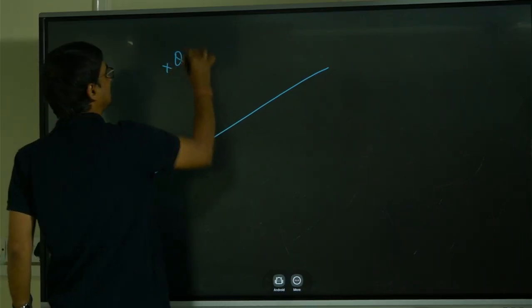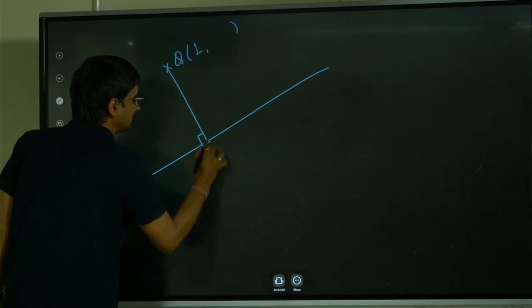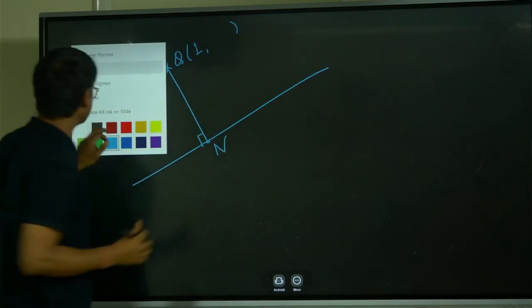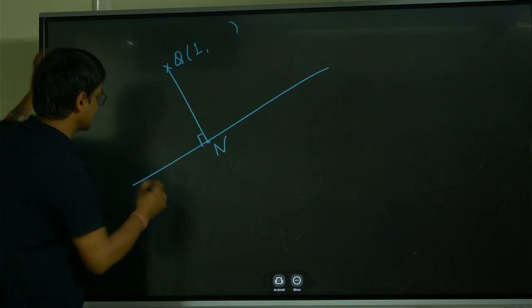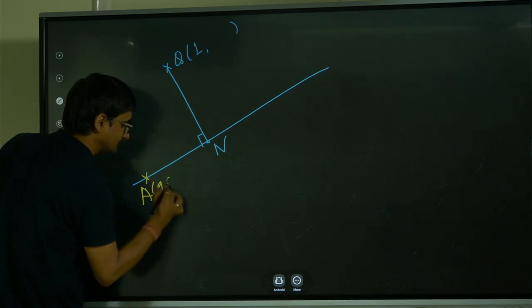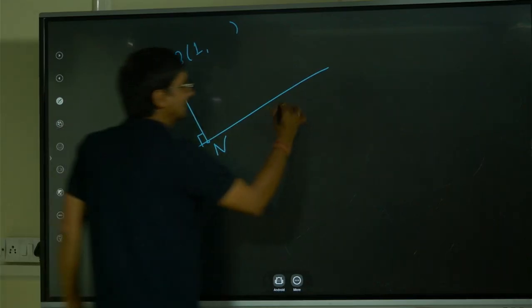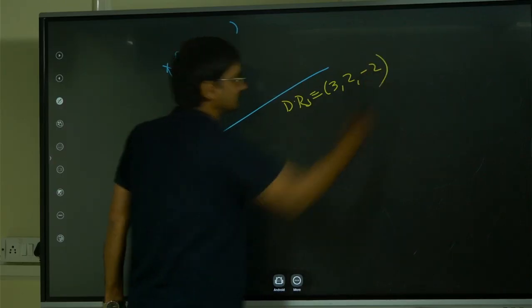Now the distance of any point, let's say Q is whatever, 1 comma anything. Now its distance, of course nothing is said, it has to be the perpendicular distance. Now see what I will suggest again: the point through which it passes is (9, 9, 5) and DRs are 3, 2, minus 2.